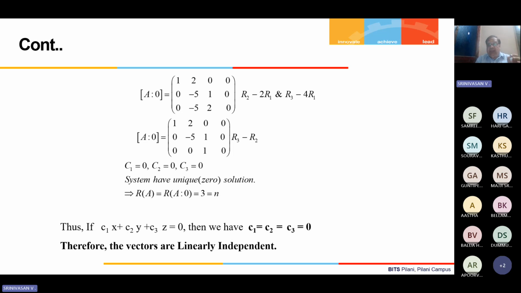Remember, only if all the elements of a row are zeros is it called a zero row. Even if there is one non-zero element, it is called a non-zero row. So here, even though there are two zeros, it is a non-zero row. Even though there are three zeros, still it is a non-zero row.